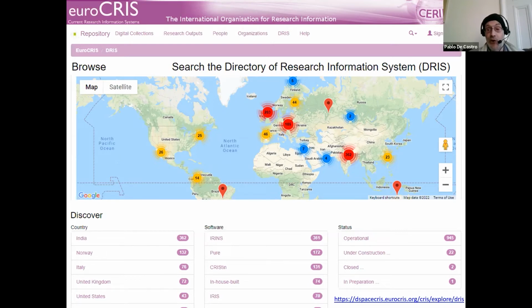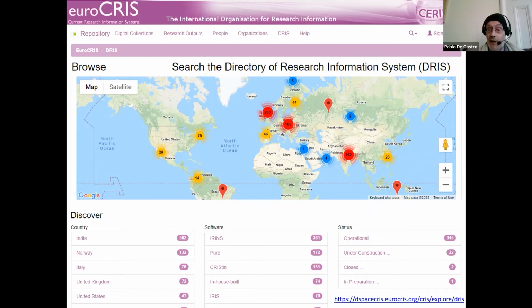The 362nd CRIS is a Pure system, but by far the overwhelming majority of CRIS systems in India are based on this IRINS platform. The other countries on the list of largest CRIS systems by country are mostly European, so Norway, Italy, the United Kingdom, and then comes the United States.